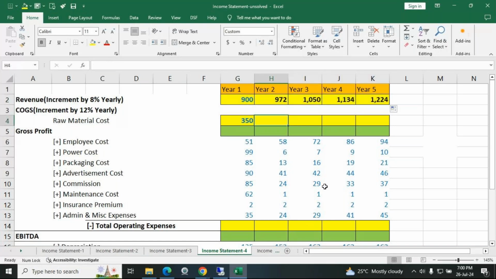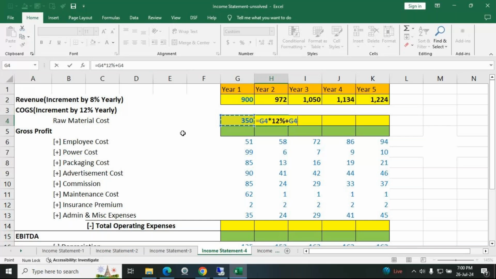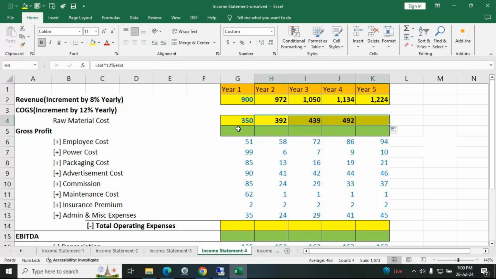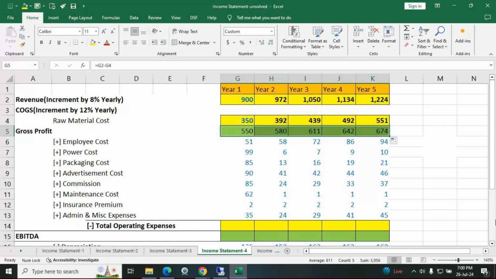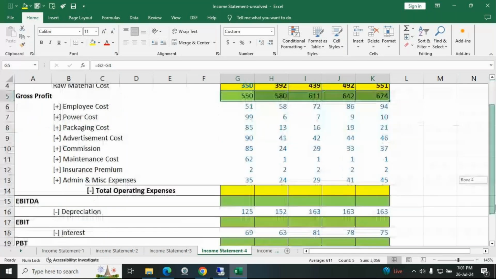Here COGS increments by 12% yearly, so previous year value into 12% plus the previous year value. Now gross profit will be revenue minus COGS.